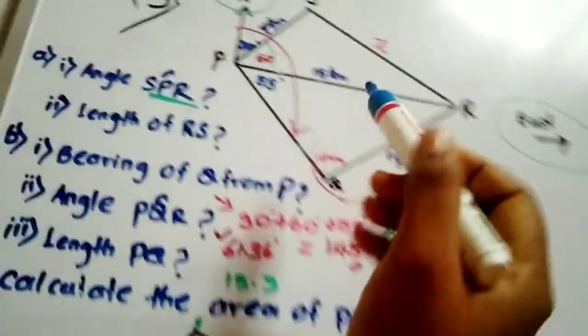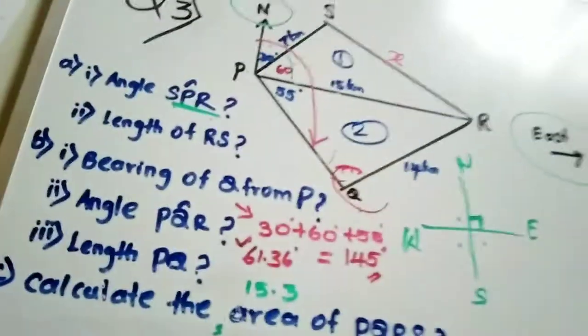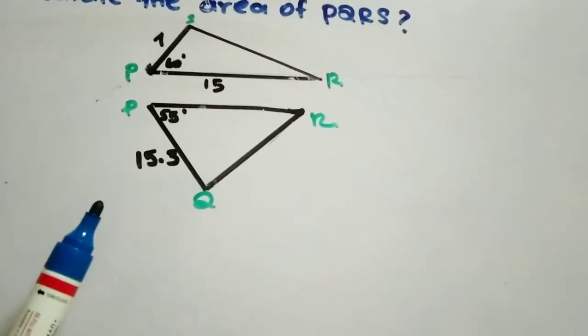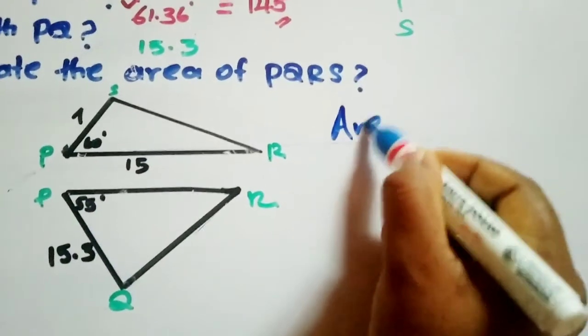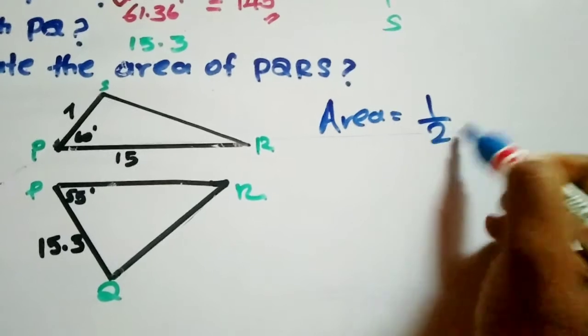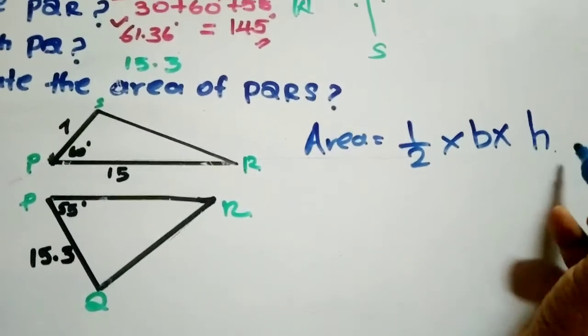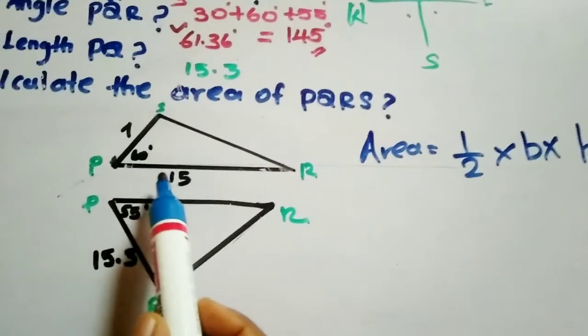To calculate the area of PQRS, we have to add both the areas. That means we have to add the areas of both triangles. The formula for a triangle's area is half into base into perpendicular height.